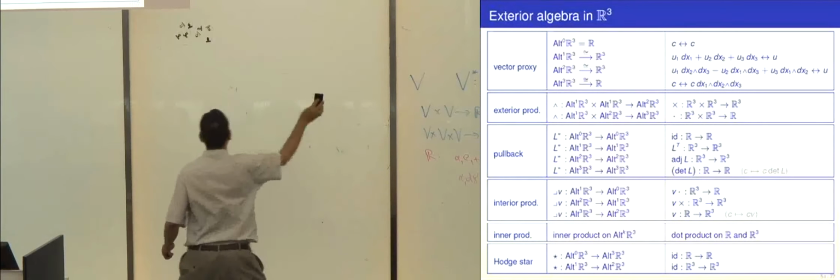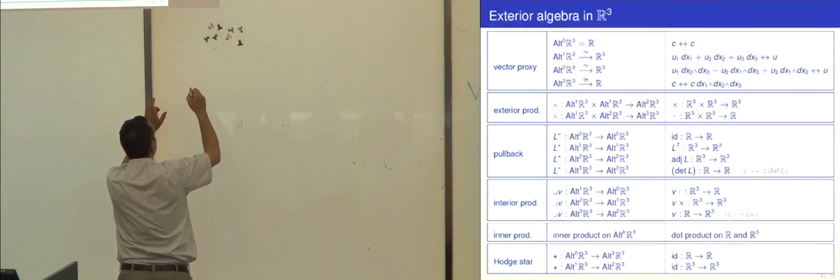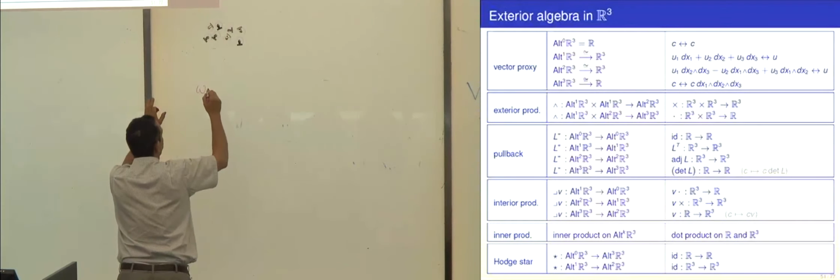So I have a 3 form, which is just some constant times the volume form. And then I want to take L star of omega. So omega of V1, V2, V3 is just C times the determinant of V1, V2, V3.